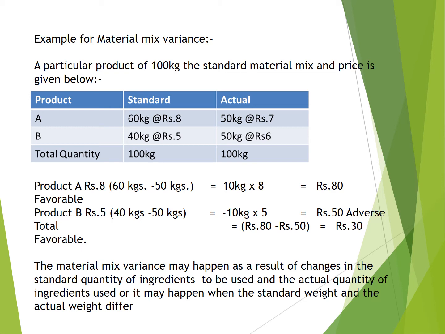And product B, rupees 5 is the standard rate, and the variance is 10 kg. So 10 kg into 5, 50 adverse. So the first one is favorable, the second one is adverse. Total variance is rupees 30.